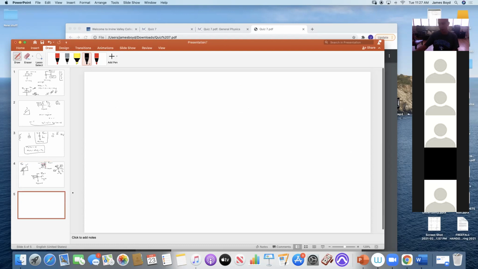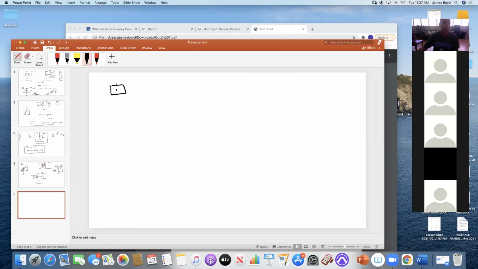So after all that, for 1, we got M1A1X was T1, and we got M1A1Y was 0, was N1 minus weight. And then for 2, we got M2A2Y was M2G minus T2.